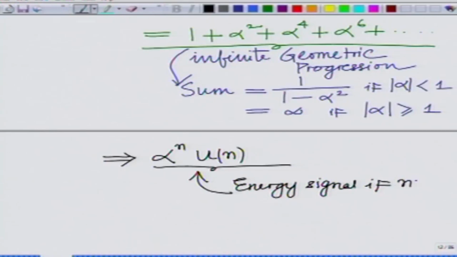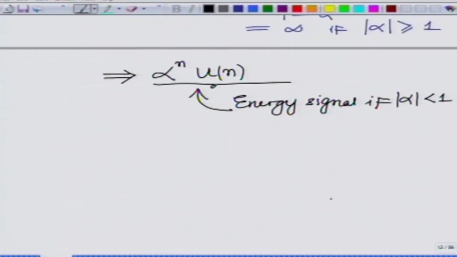if magnitude alpha is less than 1, and in that case the energy is equal to 1 over 1 minus alpha square.